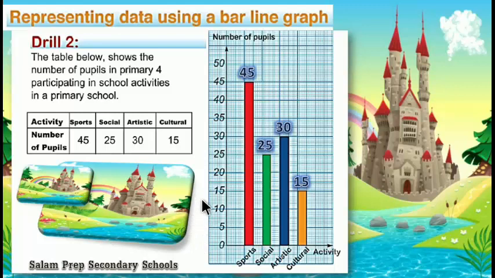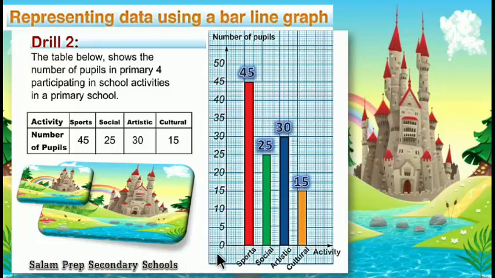Now we need to put numbers on the vertical axis. We need to observe, we will jump by what scale, okay? Look at the numbers 45, 25, 30, 15. We will observe the scale will be 5. We will jump by 5, each time increasing by 5. So you must put 0 at the intersection point of the vertical axis and horizontal axis.